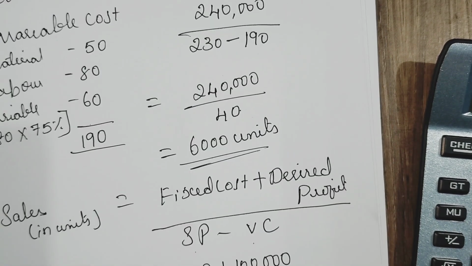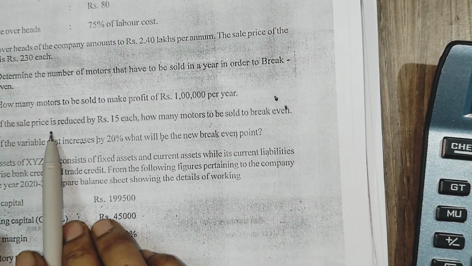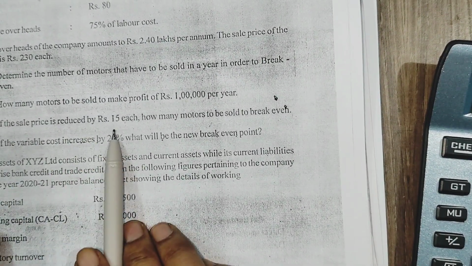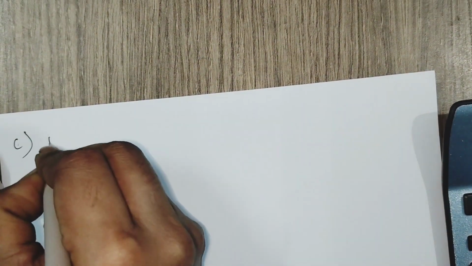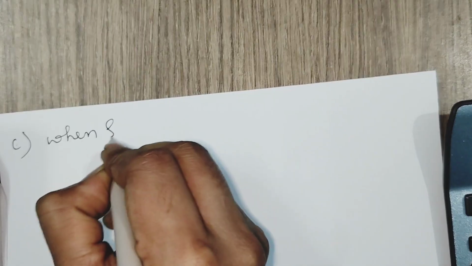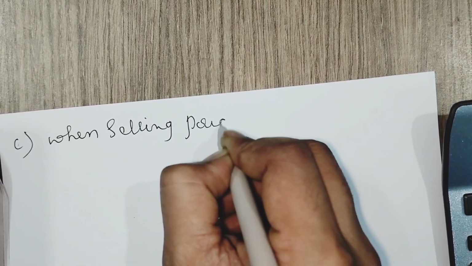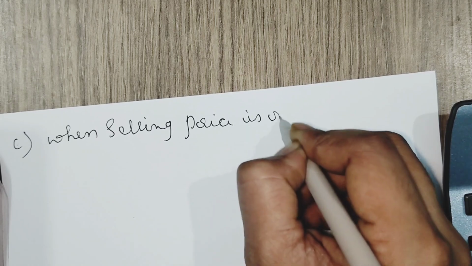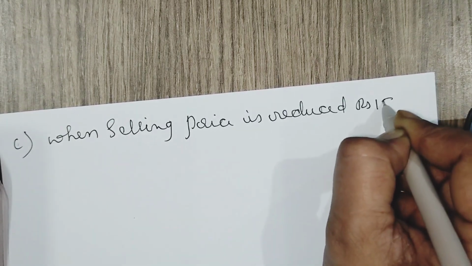The next question, question C. If the sale price is reduced by 15 each, how many motors to be sold to break even? So we find the units when selling price is reduced by rupees 15.